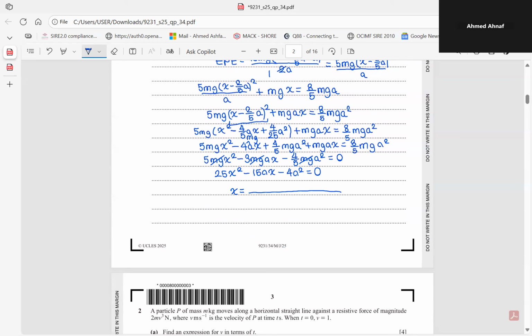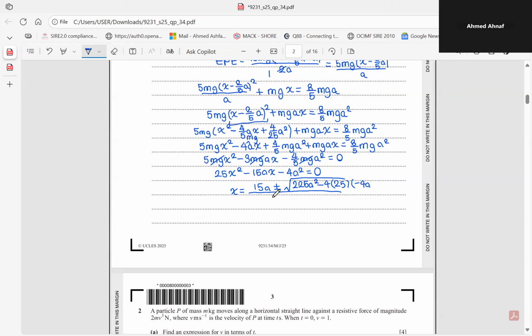So minus b, that's minus minus 15a, so 15a plus minus the square root of b squared, so minus 15a squared, you will get 225a squared minus 4 times a, so 25 times minus 4a squared, over 2a, so 2 times 25.